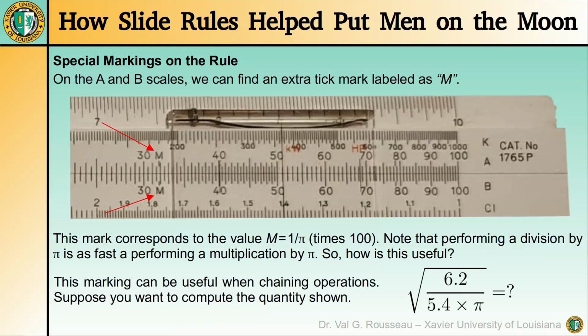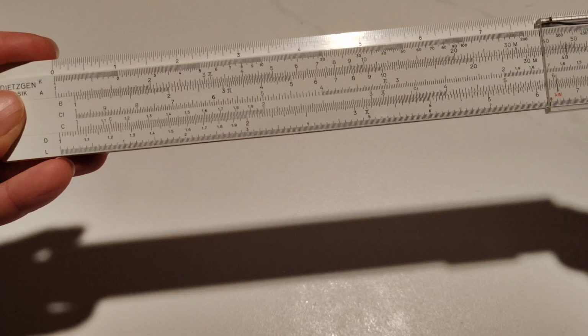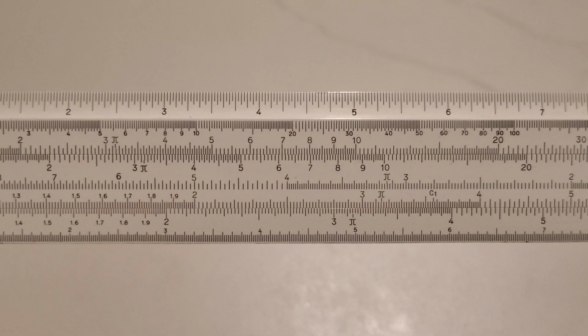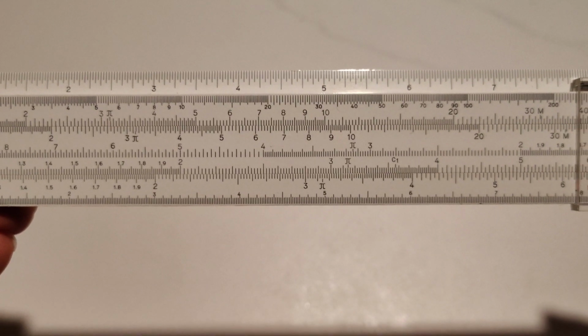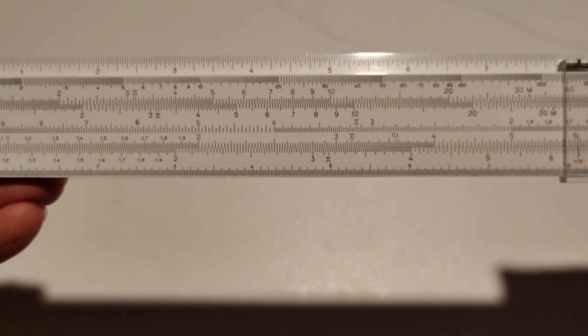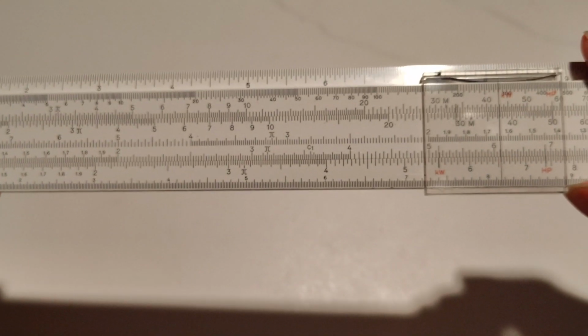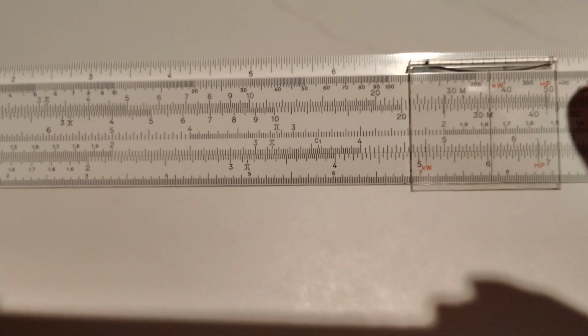Let us now take advantage of the M mark. We set up again the division of 6.2 by 5.4. The intermediate result is on the A scale above the index of the B scale. But we don't need to read it because the slide rule is already set for performing a multiplication. So all we have to do is to multiply by 1 over pi by moving the cursor to the M mark.